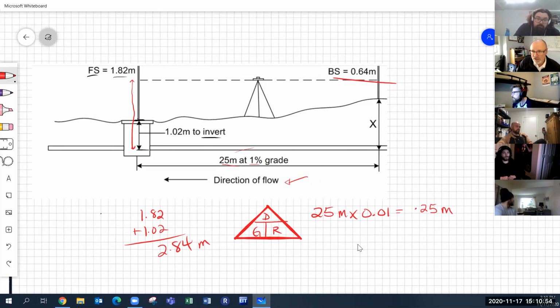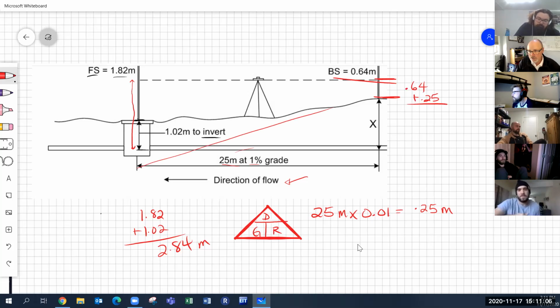So over here to the 0.64, we're going to add our 0.25 meters for the grade that comes up, right? So that's going to be 0.89 meters over there. And now this is how simple this is: 2.84 minus 0.89.